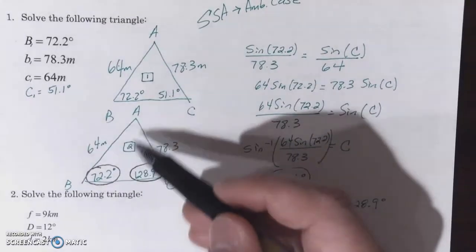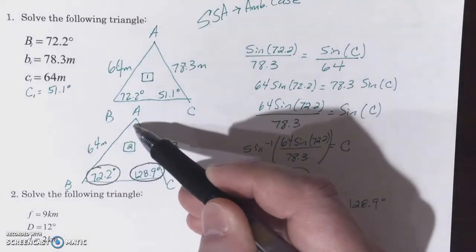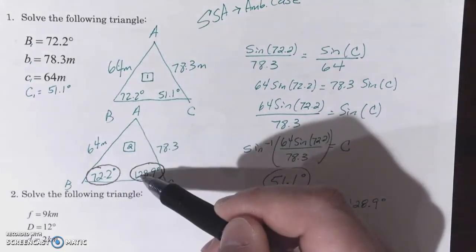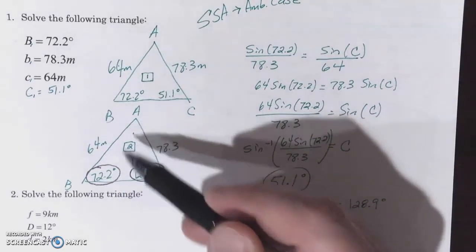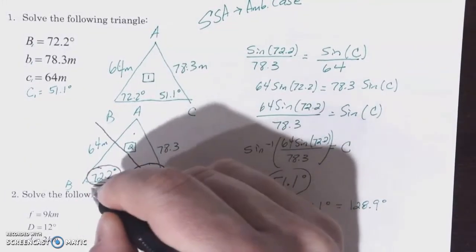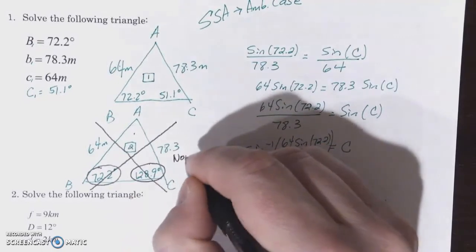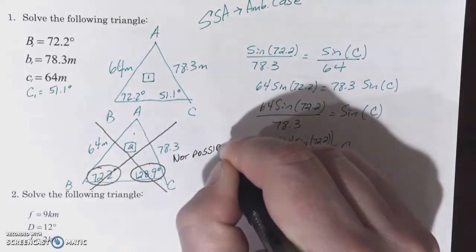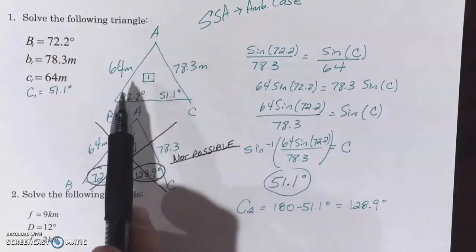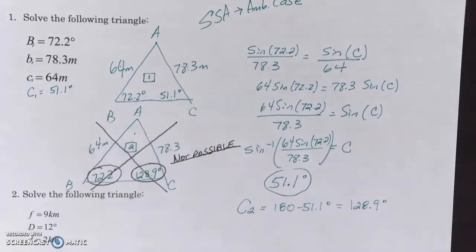We need at least some degrees for this angle. Do they add up to 180 or greater? They do. That second triangle is not possible. So we're just going to continue to finish solving the first triangle.